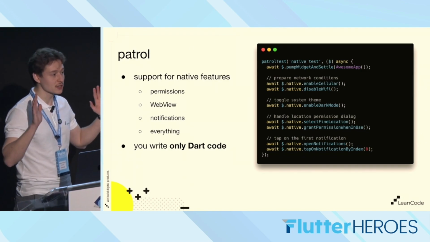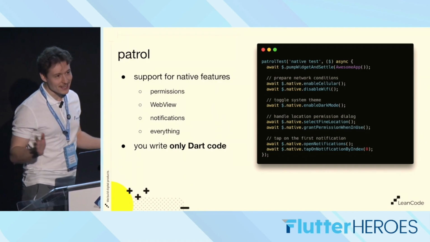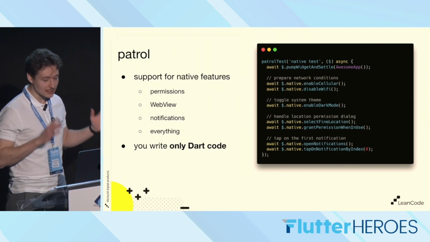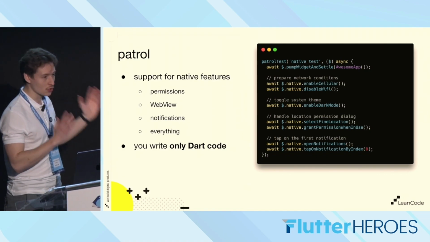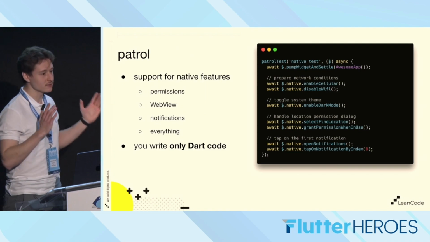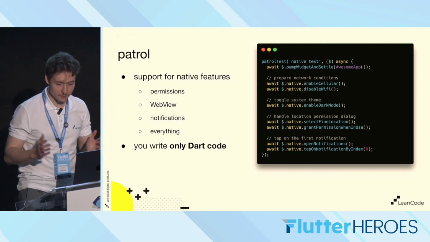And you write Dart code. This is what's revolutionary, I would say, about Patrol, that now you can write only Dart code to test native stuff inside your Flutter app.